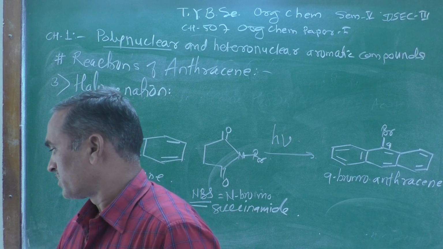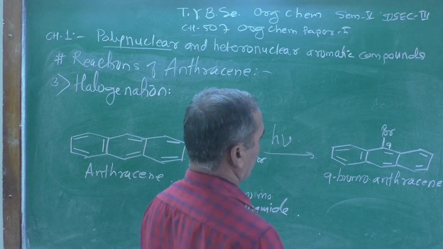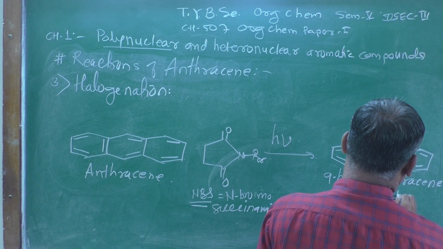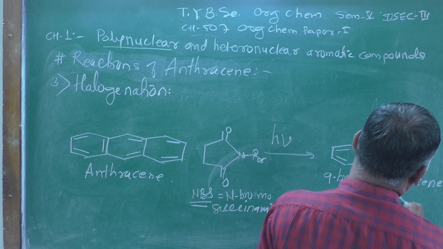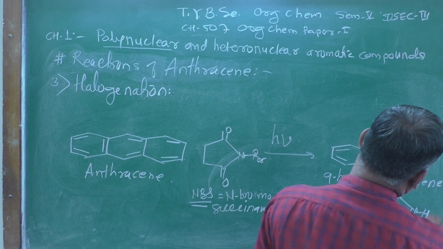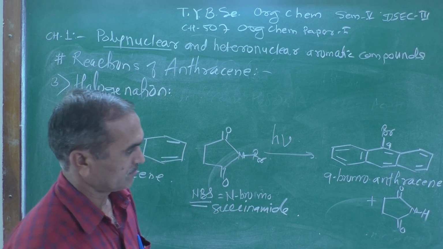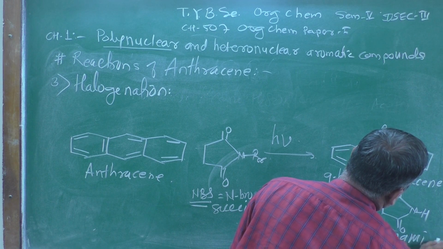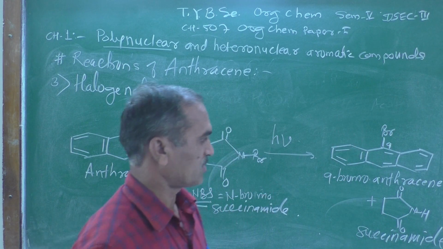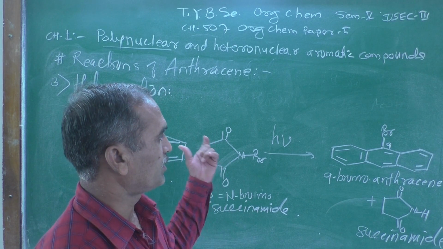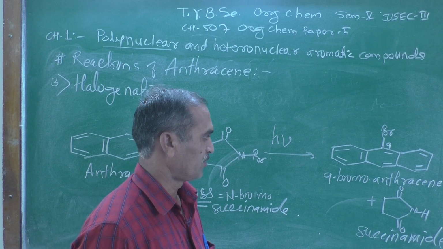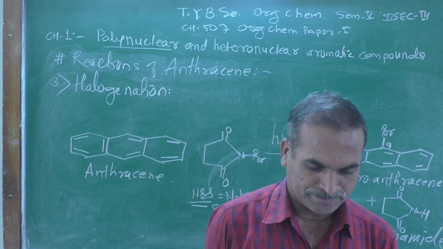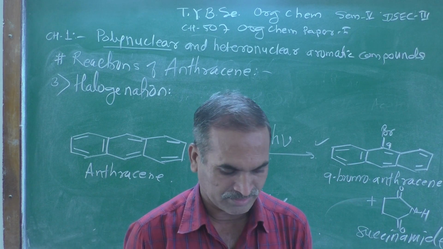The side product or byproduct obtained in this reaction is succinimide. So 9-bromoanthracene will be the product obtained in this reaction.